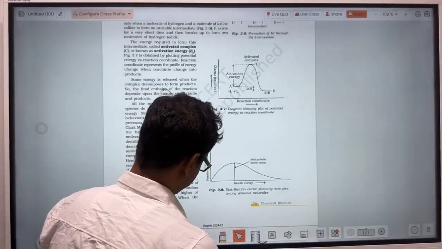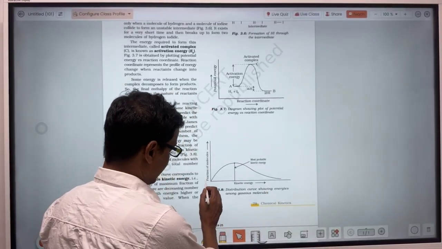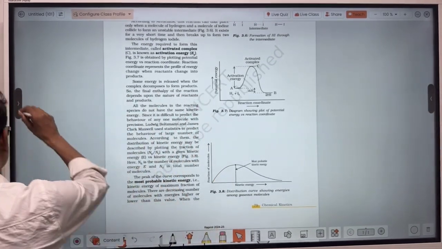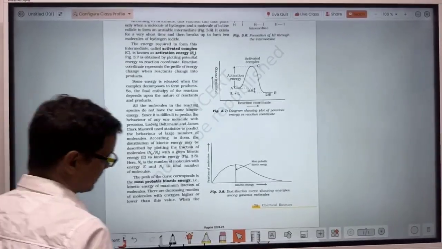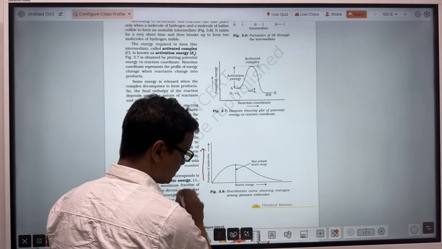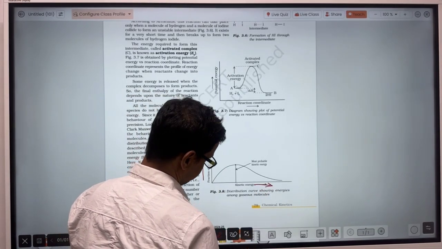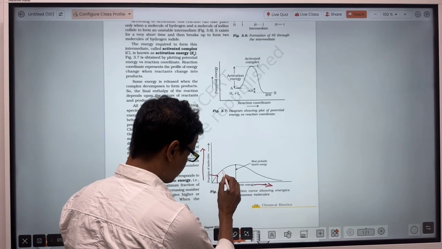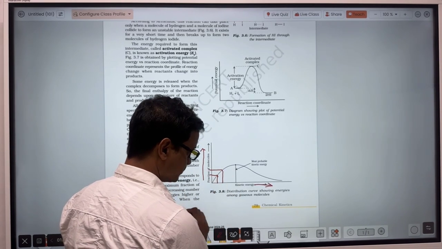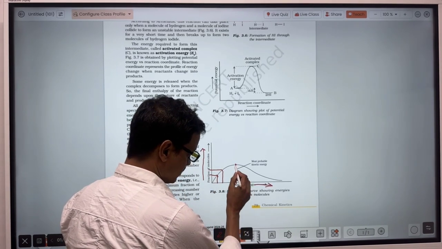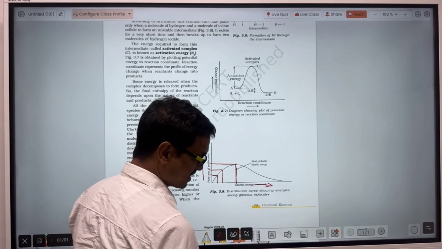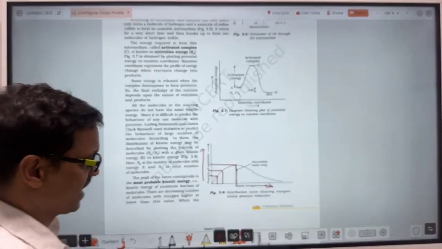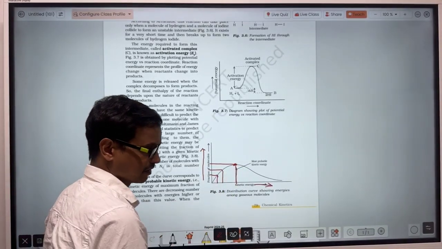Okay, so what happened here in this graph: here is the fraction of molecules. The fraction of molecules here is increasing. This side is the fraction of molecules, and this side is kinetic energy. At this point the fraction of molecules is greatest, at the peak, this one.